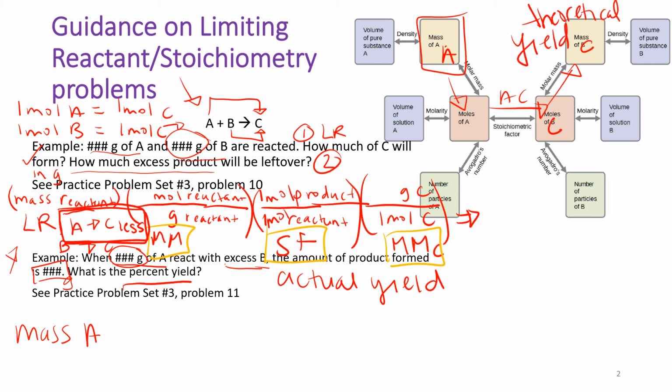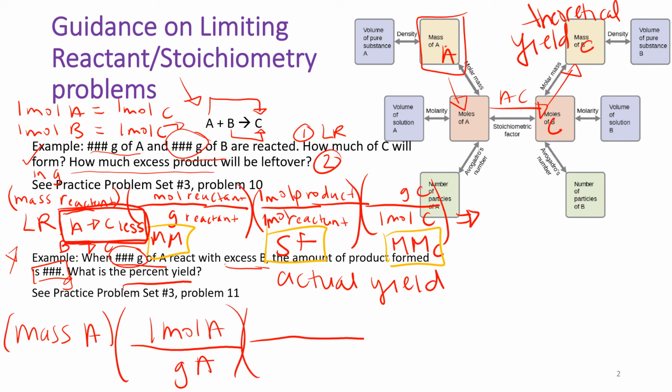So let's go ahead and set this up. We will take our mass of A, whatever the molar mass of A, from there you would set up your stoichiometric factor. So let's say again, in this case, everything's 1 to 1.